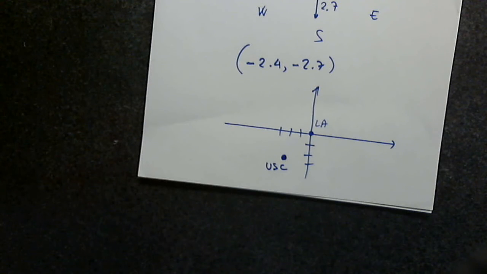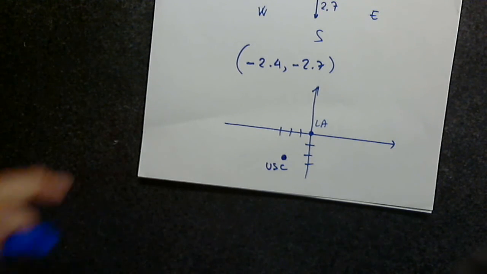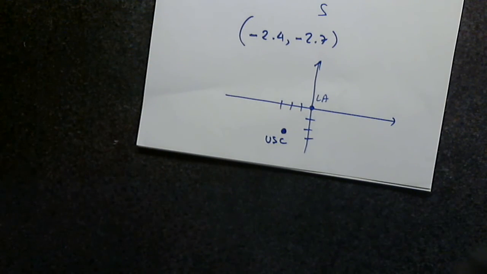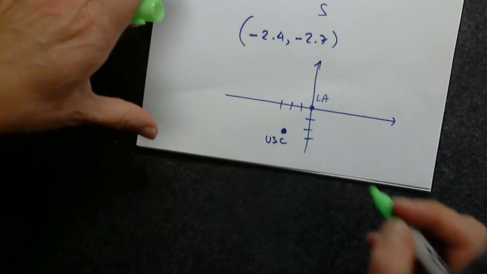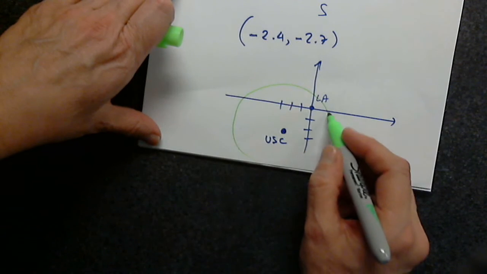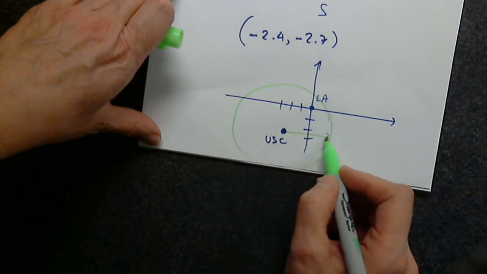Now let's see what they want. A seismograph on the campus shows that a small earthquake occurred. The quake's epicenter is estimated to be approximately 30 miles from the university. Write the standard form of the equation for the set of points that could be the epicenter. So 30 miles. That's where the university is, and this is a radius of 30 miles.